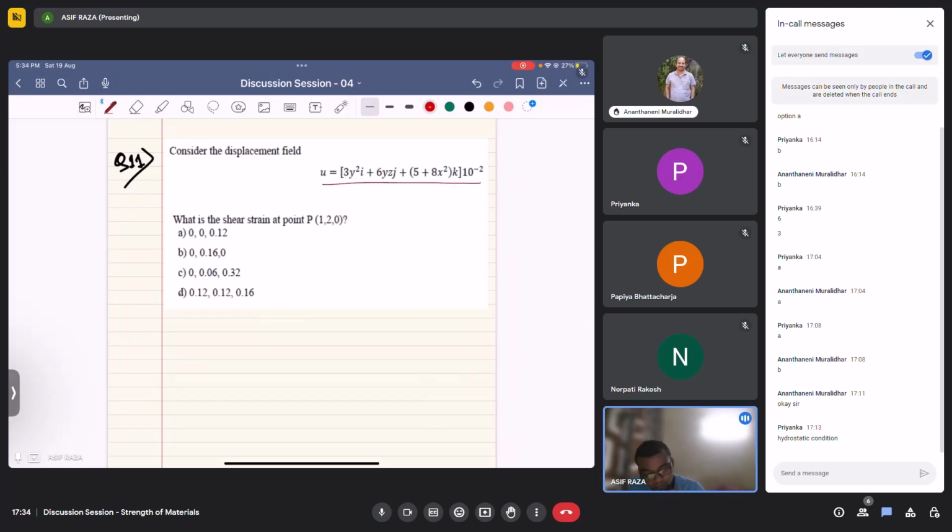So we need to find the shear strain at point 1, 2, 0, and these all pertain to gamma xy, gamma yz, and gamma zx. I may be wrong, that would be in different direction also, but let's see.